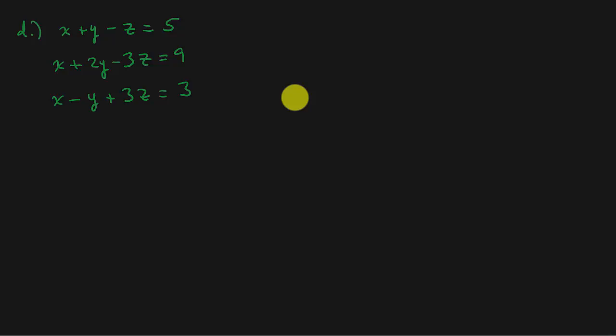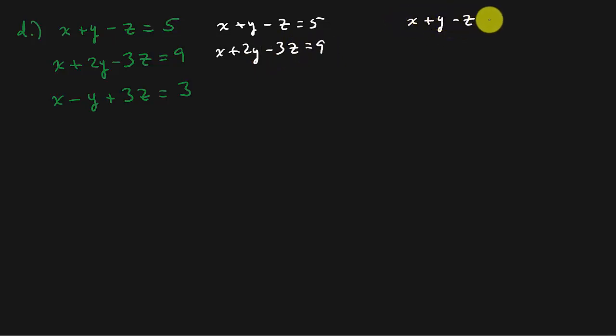That gives me x plus y minus z equals 5, x plus 2y minus 3z equals 9, and then x plus y minus z equals 5, x minus y plus 3z equals 3.